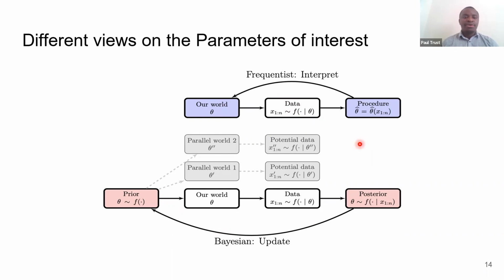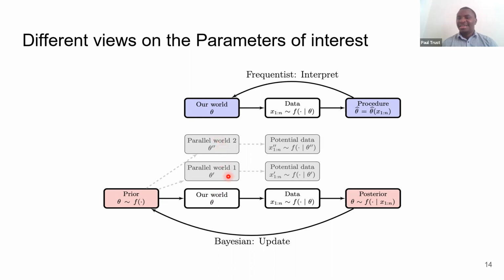So we want to produce a procedure that can interpret our world. We want a methodology that can estimate this population parameter of interest. But according to Bayesian statistics, there are very many parameters depending on the knowledge you have.